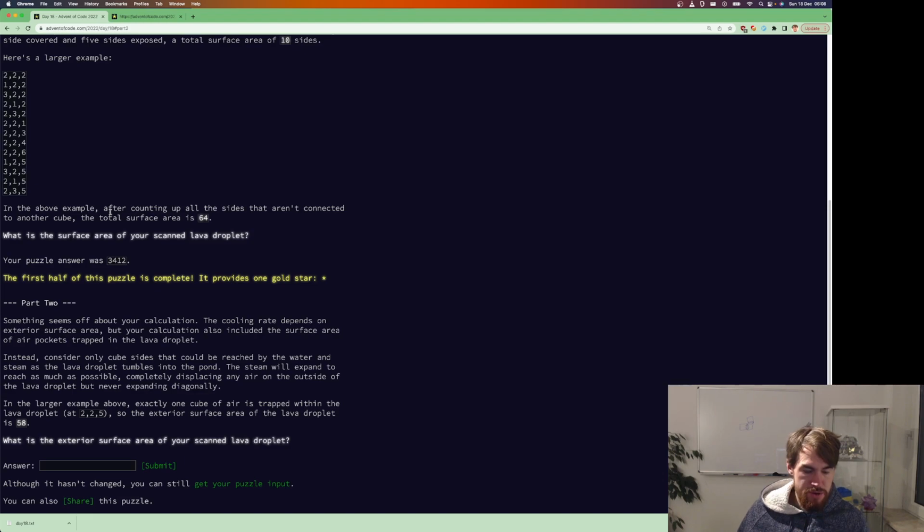Because it's possible that you have like a massive air pocket, right? So in this example, they only have one tiny pocket. What is the surface area of your scanned lava droplets?